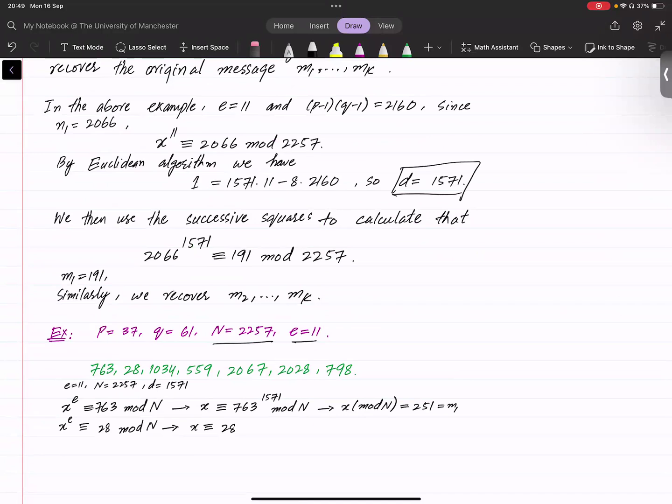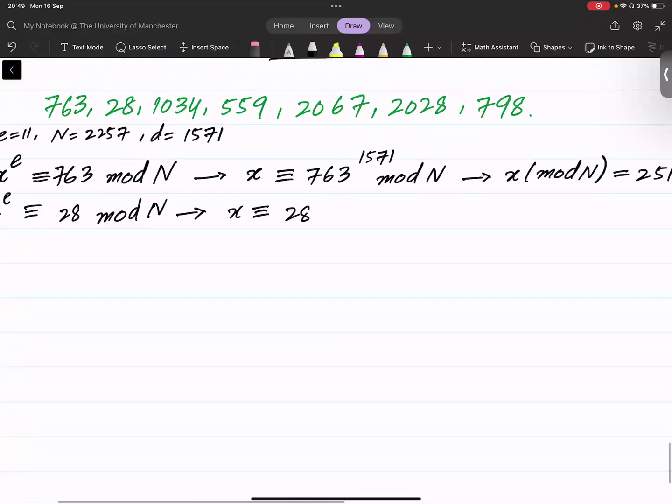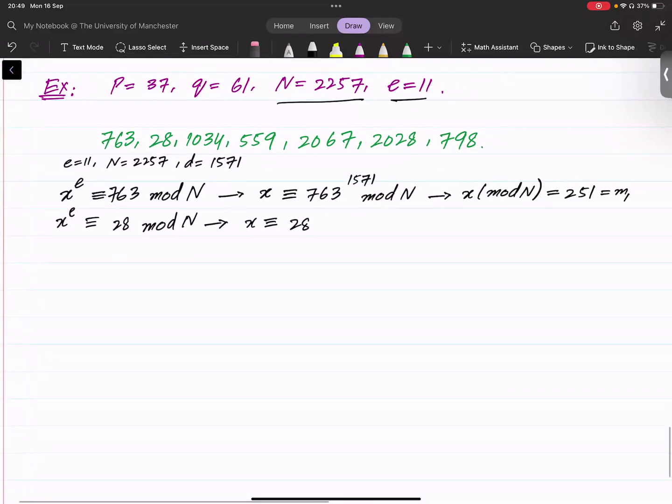So x mod n is nothing but 521, which is M2.